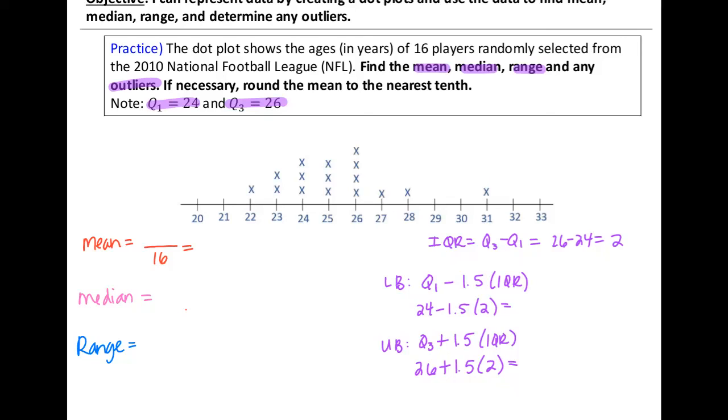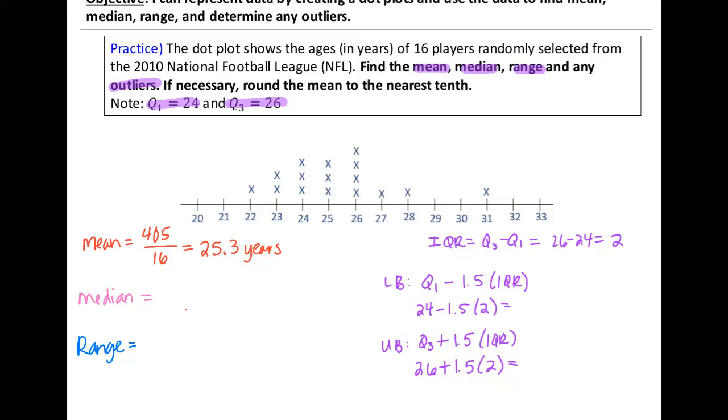All right, what are you guys getting for what they add up to? 405. If we divide by 16, what did you get? 25.3. And the units is years. Median.